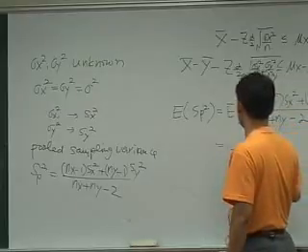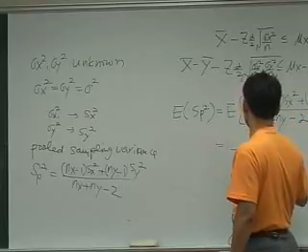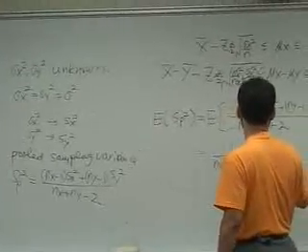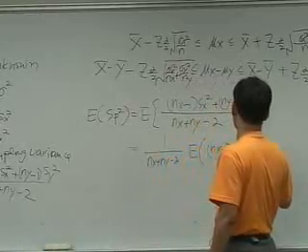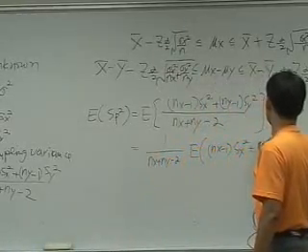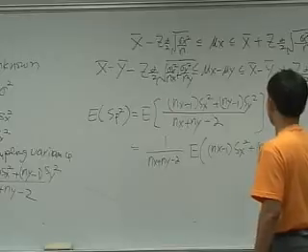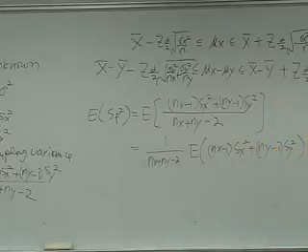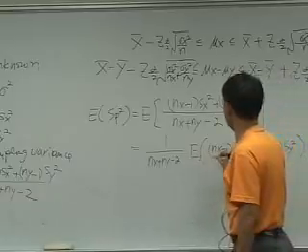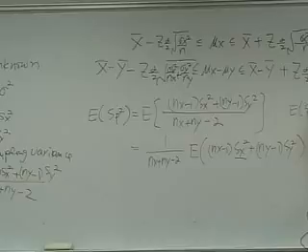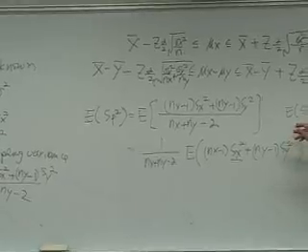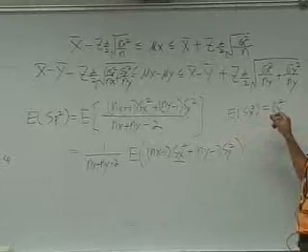So you have 1 over nx plus ny minus 2 times the expectation of nx minus 1 sx squared plus ny minus 1 sy squared. Questions? Okay, and what about sx squared? We already know that the expectation of sx squared is equal to sigma x squared. Sample variance is an unbiased estimator of population variance.